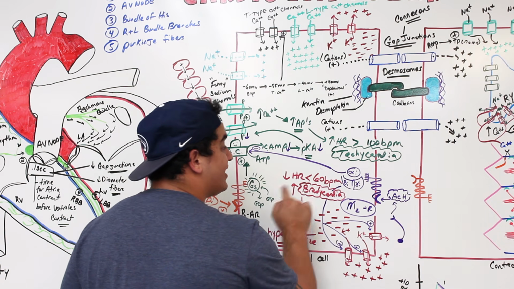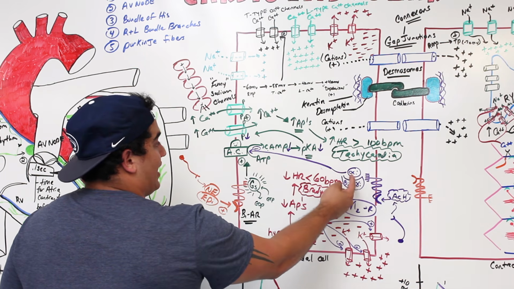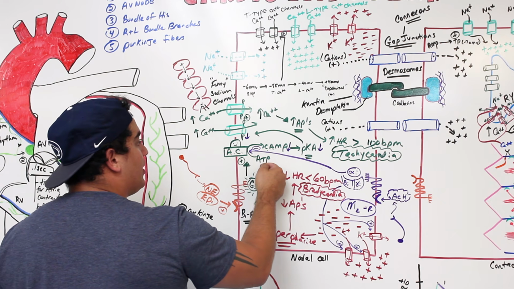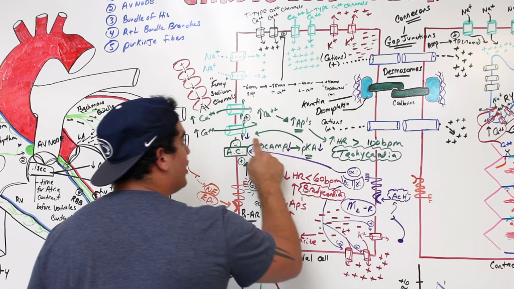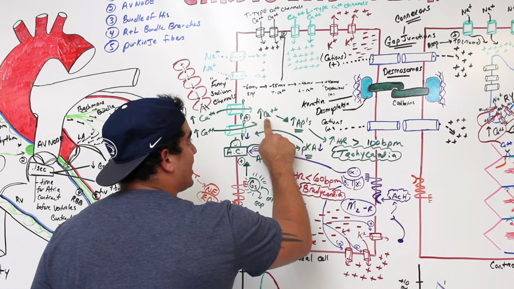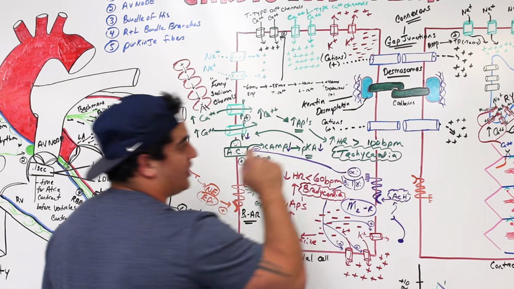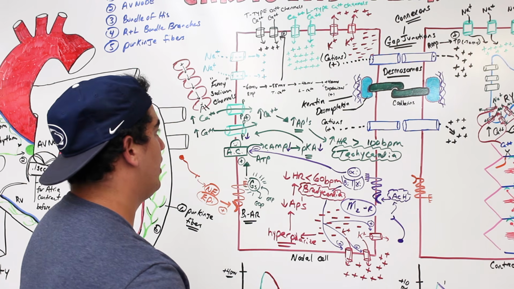And if it goes less than 60 beats per minute, it's called bradycardia. Another way is it can activate this alpha inhibitory, which can bind onto adenylate cyclase and inhibit the conversion of ATP into cyclic AMP, which decreases the protein kinase A levels, decreases the phosphorylation, decreases the calcium entry, decreases the frequency of action potentials, which decreases the heart rate as a result. Okay? That's the parasympathetic effect.